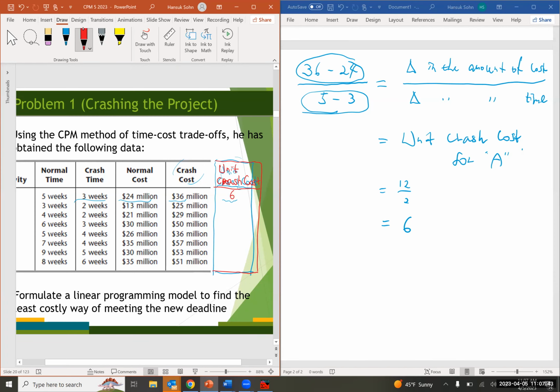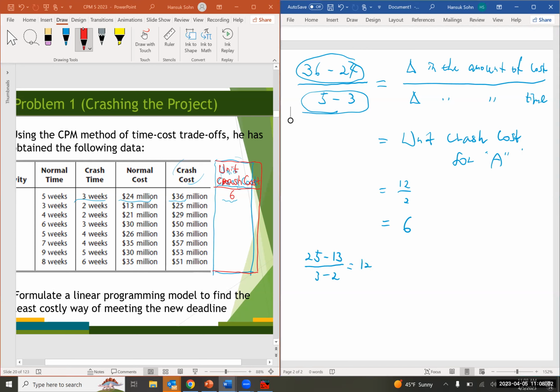So I need to do the same thing for activity B. That's going to be 25 minus 13 over 3 minus 2. That's 12, right?